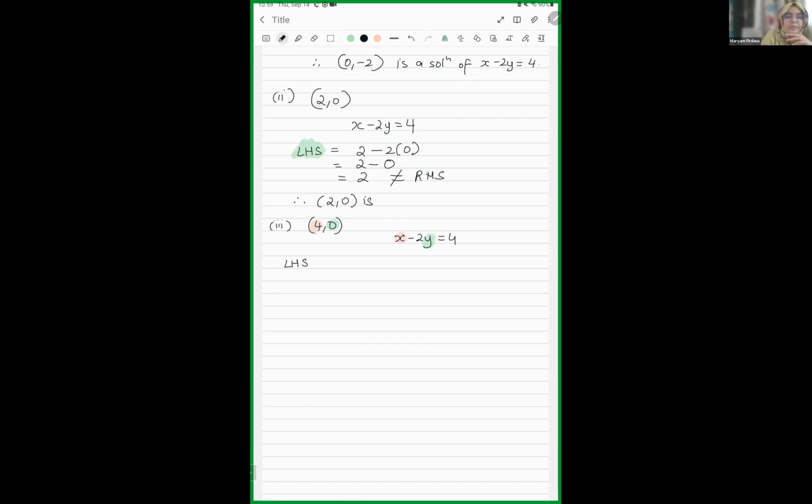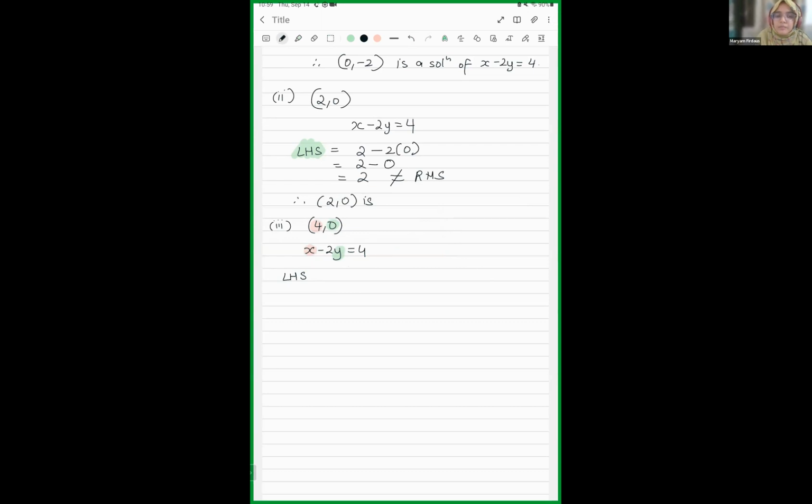So 4 should be written in place of what? 4 should be in the place of y. Why will it be in the place of y? 4 is the x coordinate or the y coordinate, Abdul Rahman?